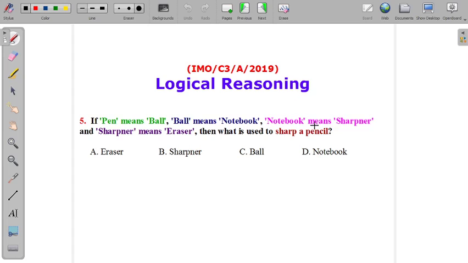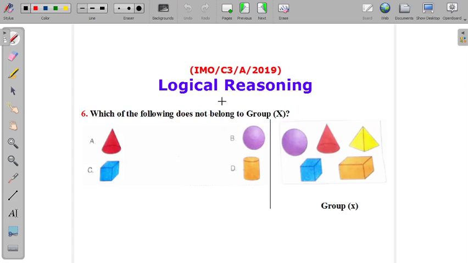Notebook is indicating the sharpener, not eraser. So notebook means sharpener. That means if we need to use a sharpener, we need to use a notebook. So here the answer will be notebook. Don't be confused with this question.